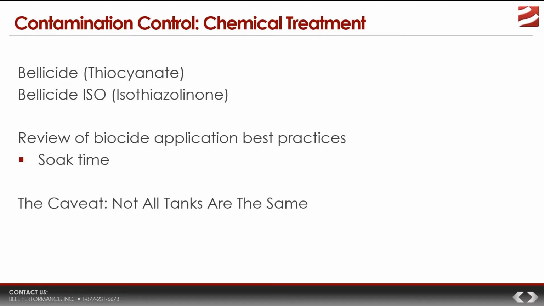Now, in times past, we have talked about biocides, and we talked about the elements that make for a good biocide. Bell Performance has two biocide chemistry options because there are multiple different kinds of chemistries that you can use. You've got Belicide, which is a thiocyanate chemistry.